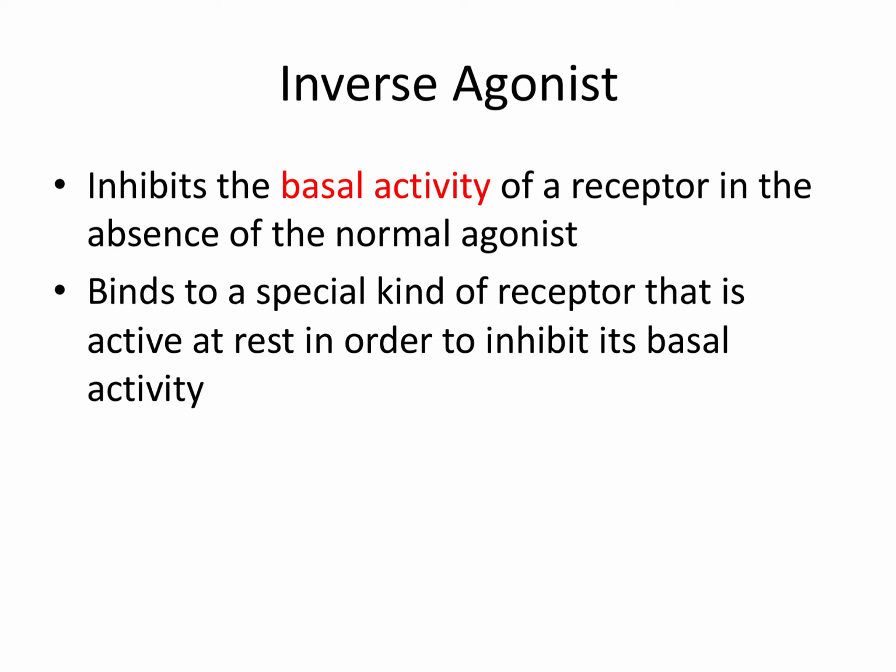It's just its basal everyday activity. But in the presence of this inverse agonist drug, that basal activity goes down. So they're not technically antagonists because they're not competing with an endogenous agonist. They're in a unique category of their own, and we call them inverse agonists.